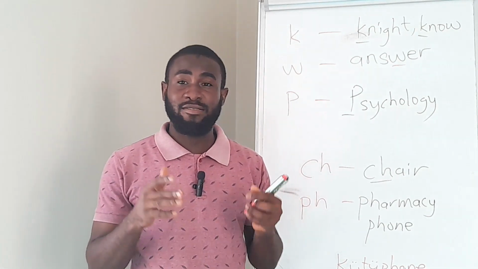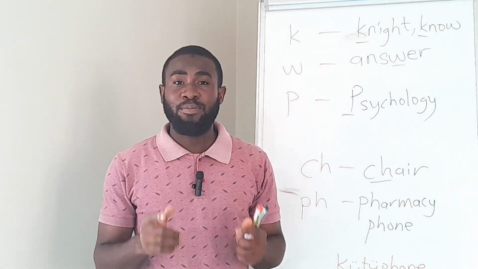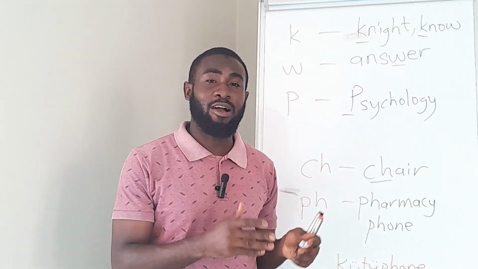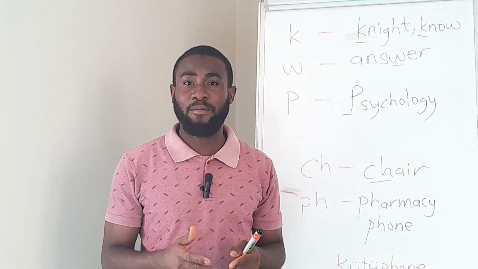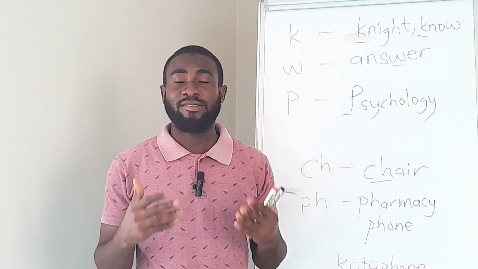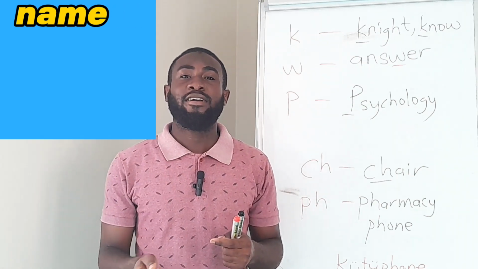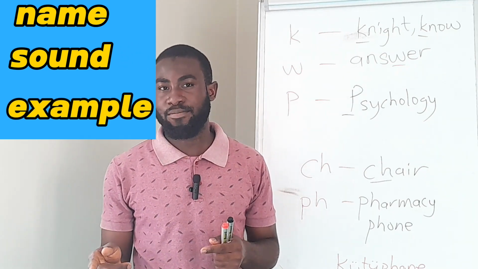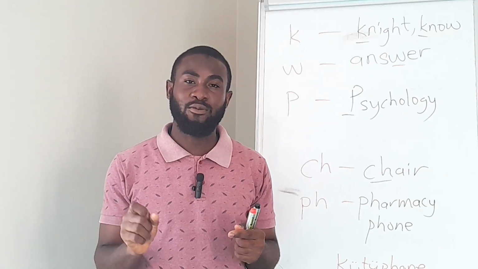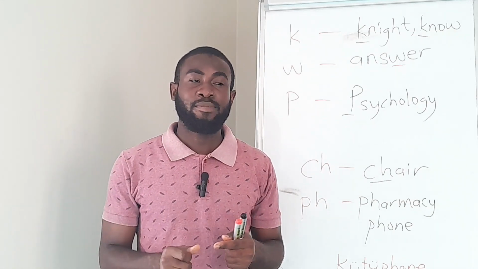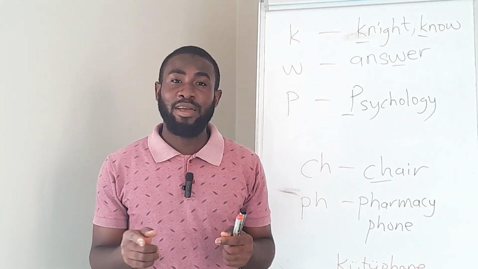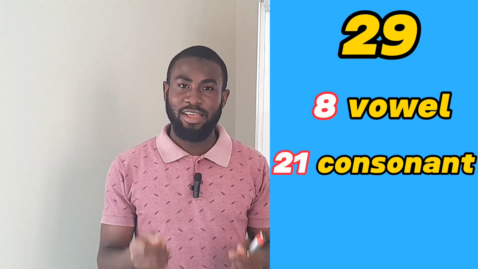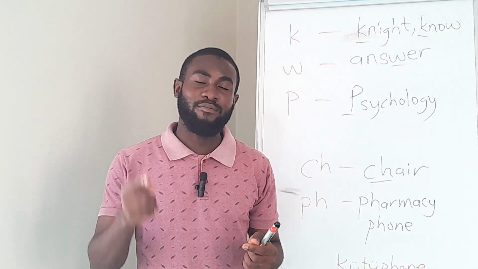With all these facts being said, please pay attention to the sounds and the examples I am going to give. Firstly, I will say the name of the letter, the sound that the letter represents, and an example of a word in which we could find the letter. The Turkish alphabet has 29 letters, with 8 vowels and 21 consonants.